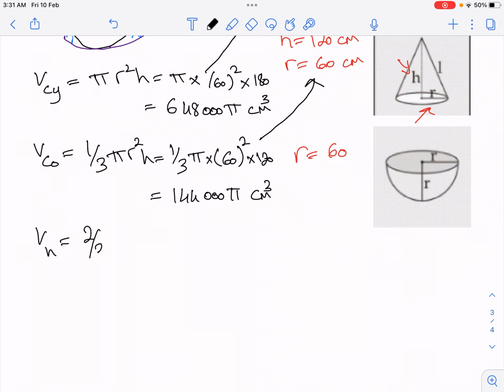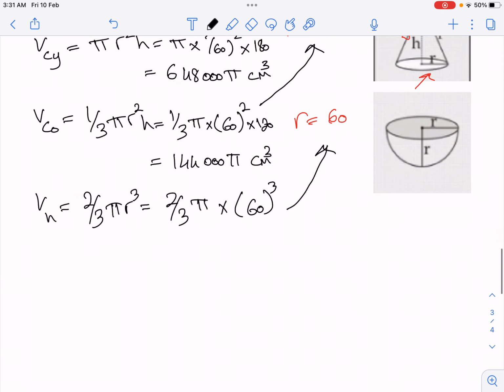So 2 by 3 multiplied by pi multiplied by r, which is 60, cubed. This is the r, it was given in the question. Solving this, we get 144,000 pi centimeter cube.